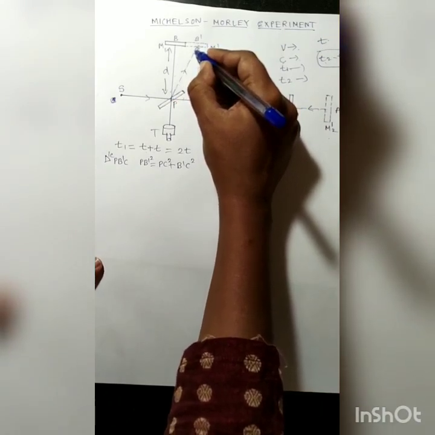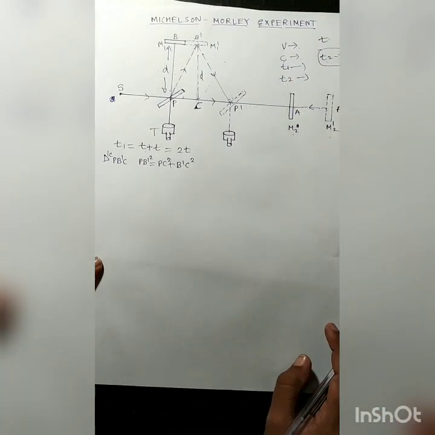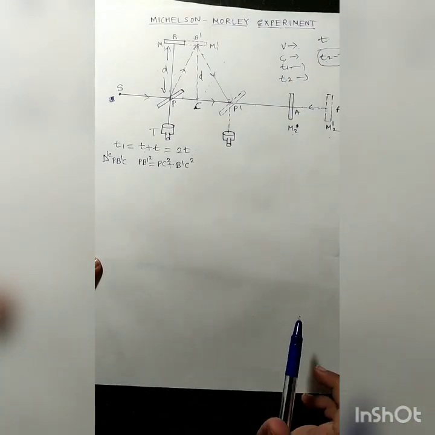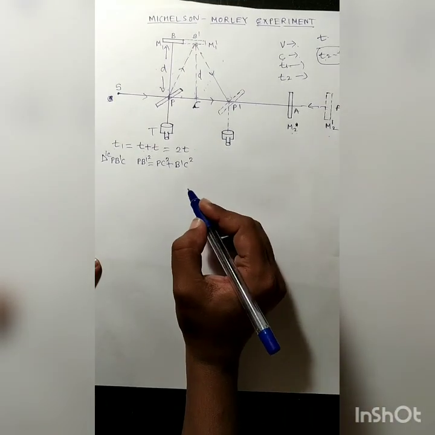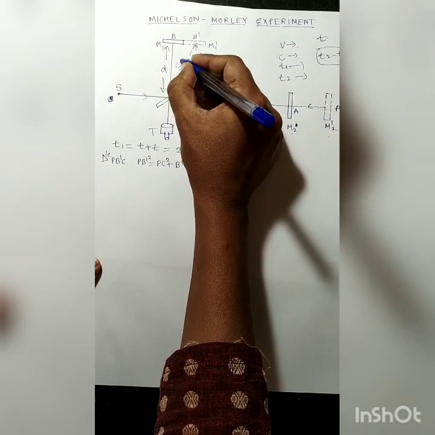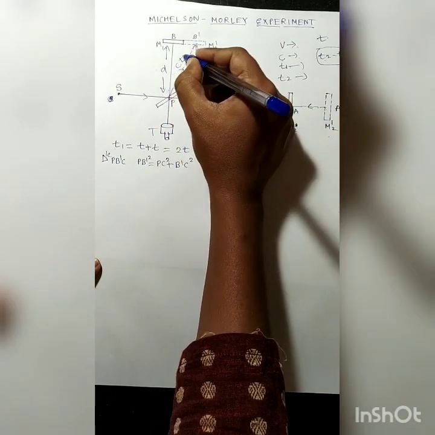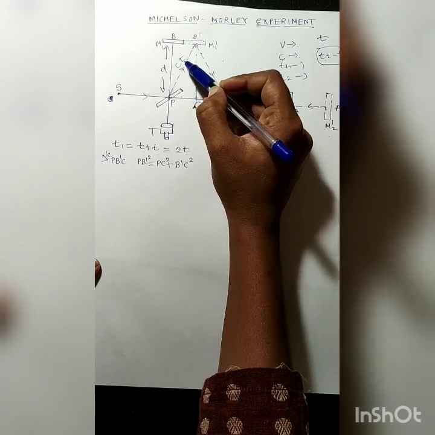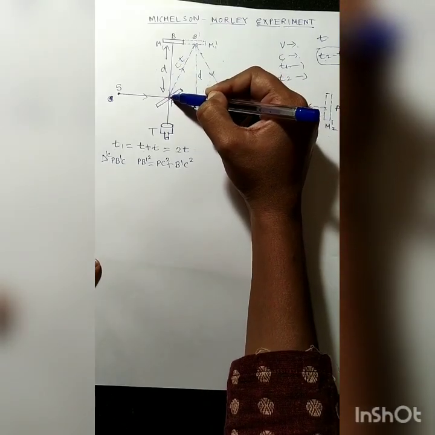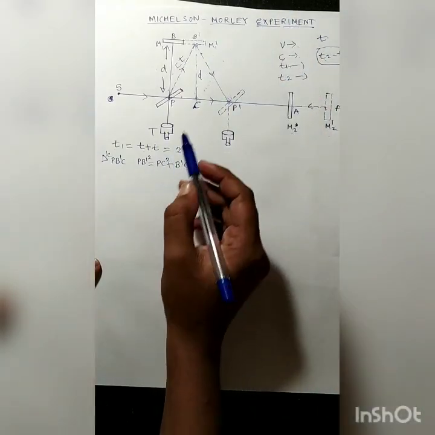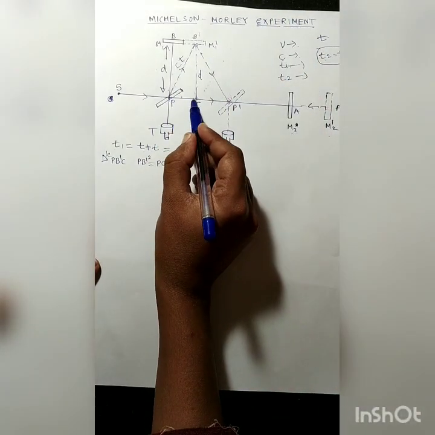Already we know velocity is equal to displacement divided by time, or you can take distance divided by time, because both have the same magnitude. So distance is equal to velocity into time. What is the velocity? c, and how much time had it taken? t. So this gives the distance value. That's why PB dash becomes equal to c into t.